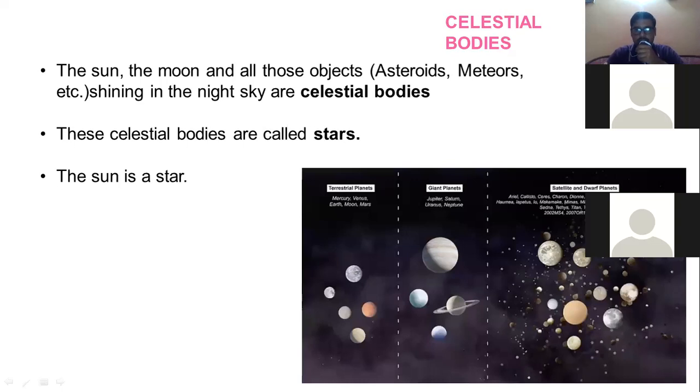As you can see, there are the terrestrial planets, the inner planets, which are called terrestrial because they are composed of rocky materials. The composition of their crust, outer core and core is made up of different kinds of rocks. The outer planets are the gas giants, Jupiter, Saturn, Uranus, and Neptune, which are composed of huge masses of gases.